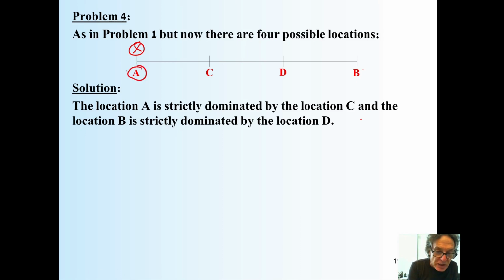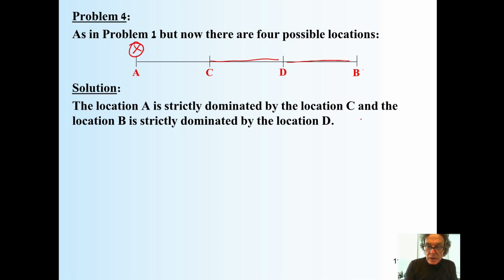If you choose A, we split the market 50-50. But if I move to C, I'm getting all this, which is 2/3 of the market, because it's 1/3, 1/3, 1/3. I'm getting 2/3, and even a little bit more. Otherwise, I'm getting half. So if you are located at A, I should be located at C.